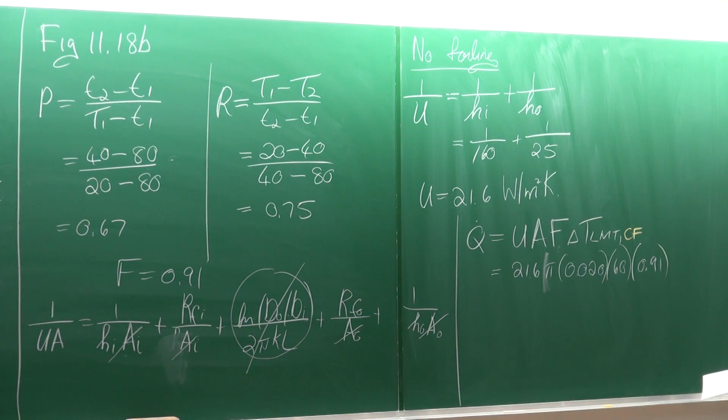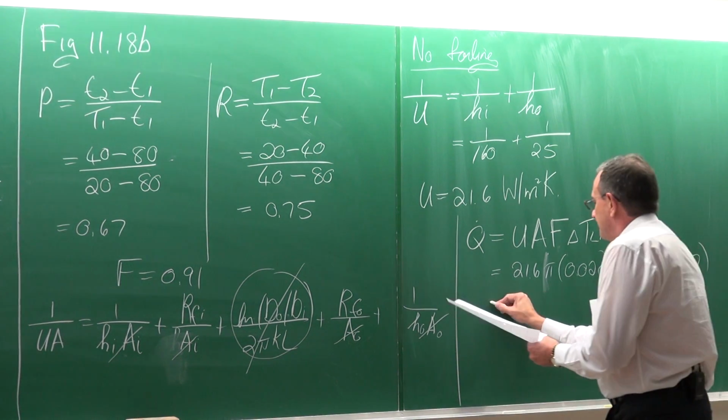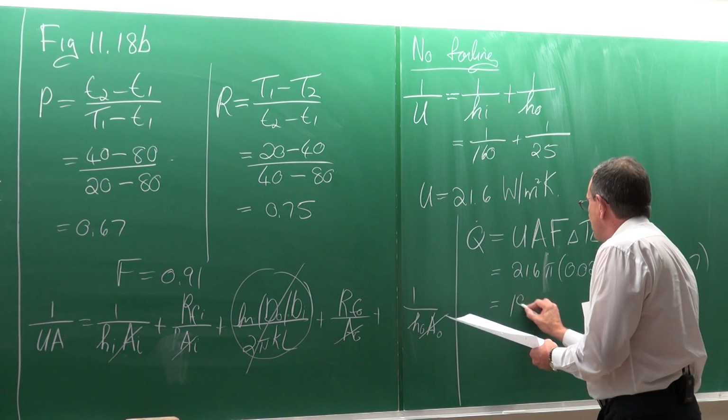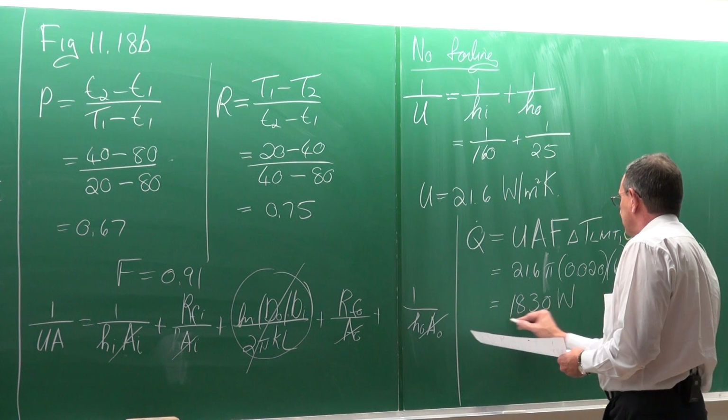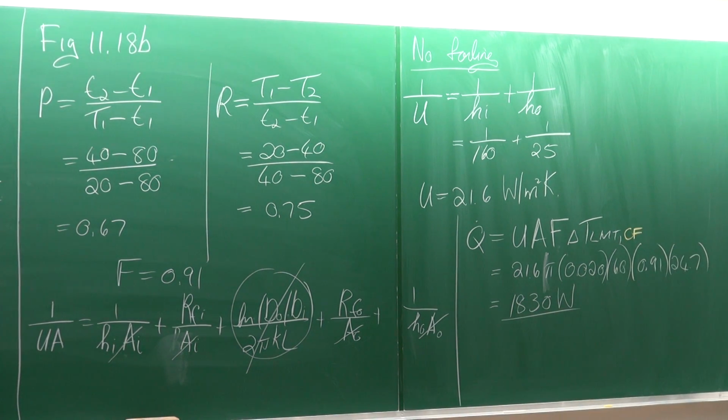Multiplied by the LMTD, and the LMTD is 24.7. And the result is a heat transfer rate of 1,830 watts. A small heat exchanger. You get the idea?